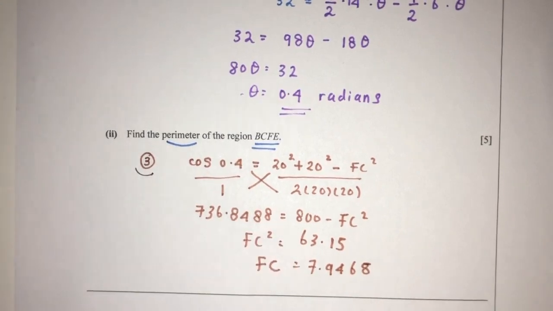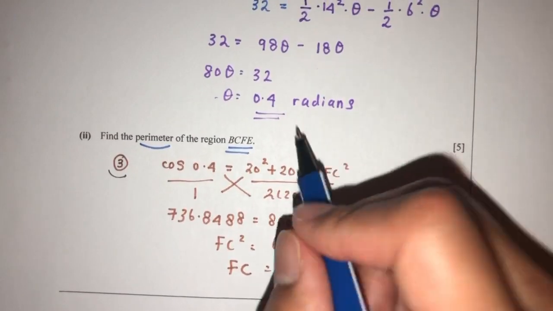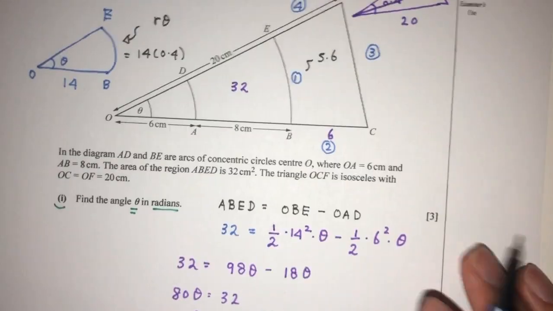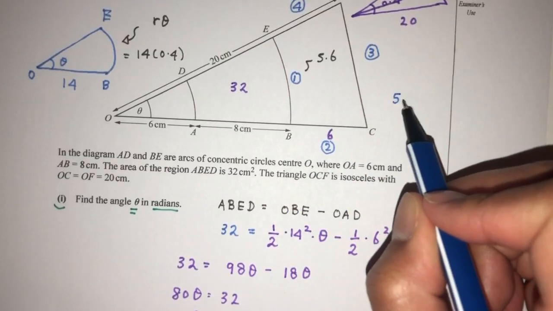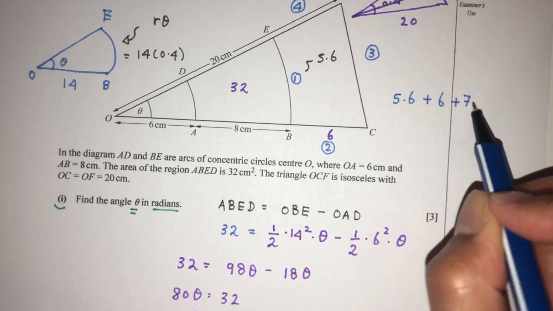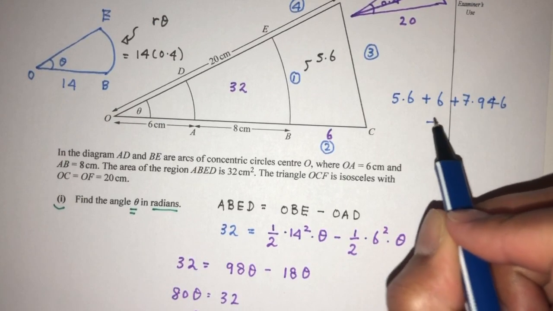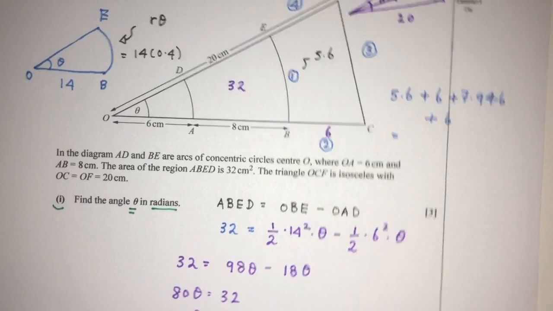But here we are trying to find the perimeter. We have to add all the sides together. So pretty easy. According to the diagram, number 1 is 5.6, number 2 is 6, number 3 is 7.946, and number 4 is 6. So let's add everything together to see what we have.